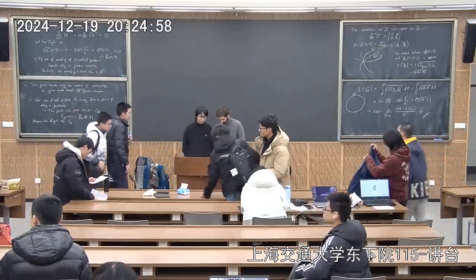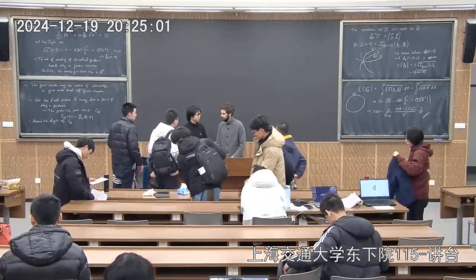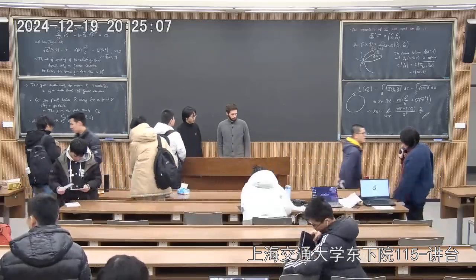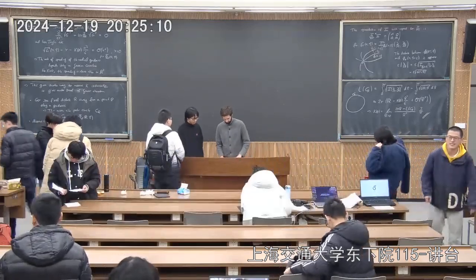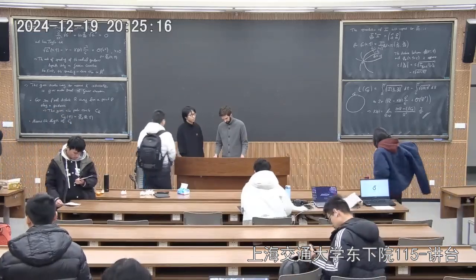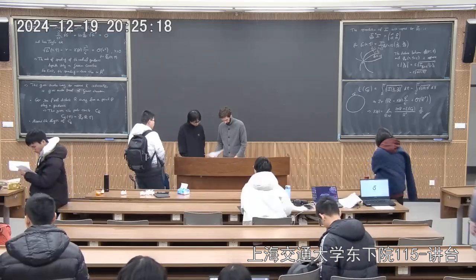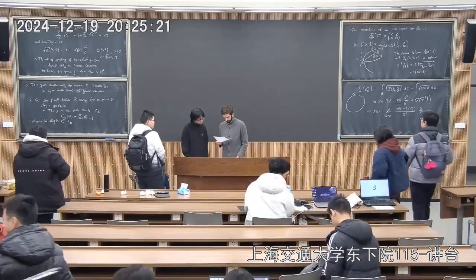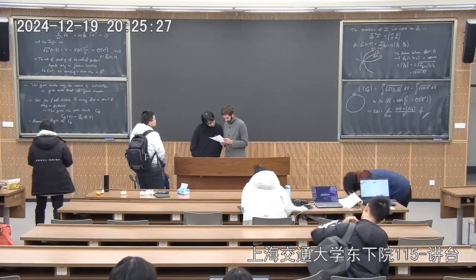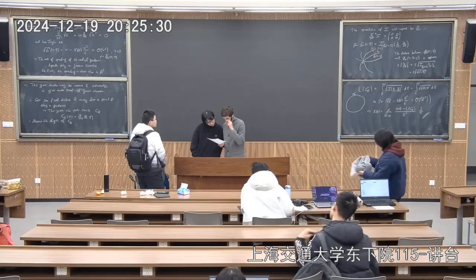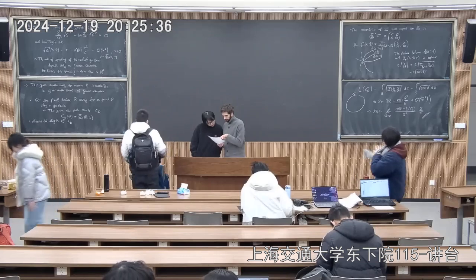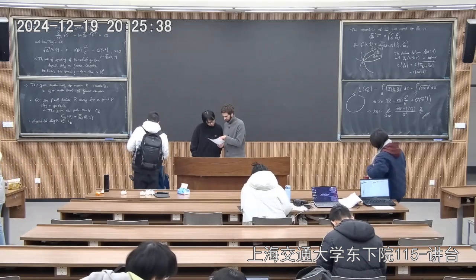Why is partial r and partial phi orthogonal? It's not direct. So you define some function, the scalar product between them.